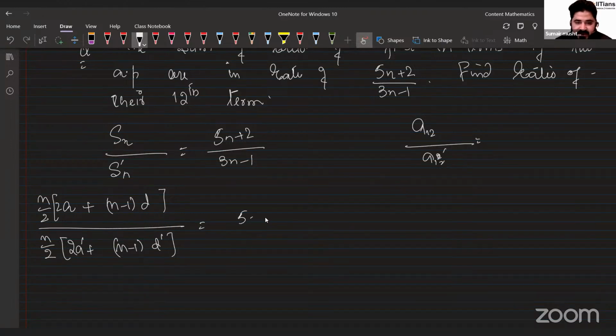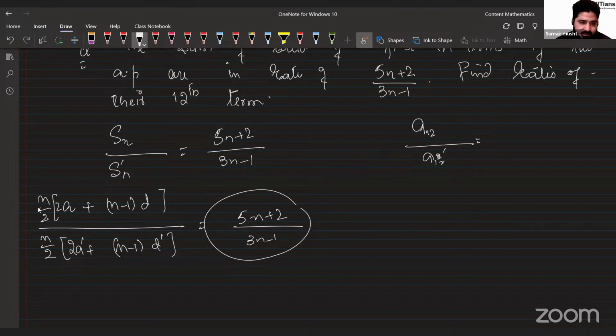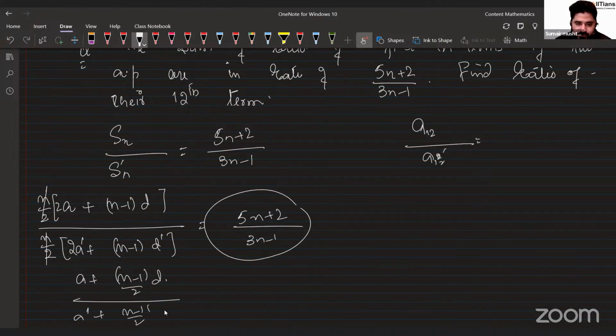This is given as 5n plus 2 and 3n minus 1. The n by 2 cancels. I will take 2 outside. This is a plus n minus 1 upon 2 into d, divided by a dash plus n minus 1 upon 2 into d dash, is equal to this one.